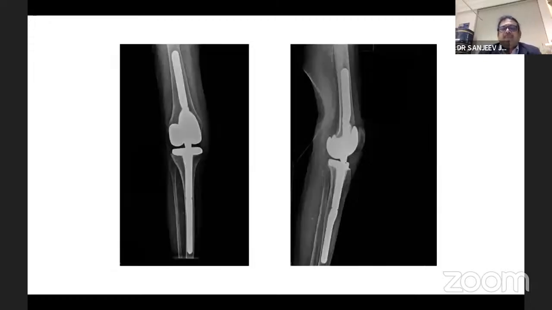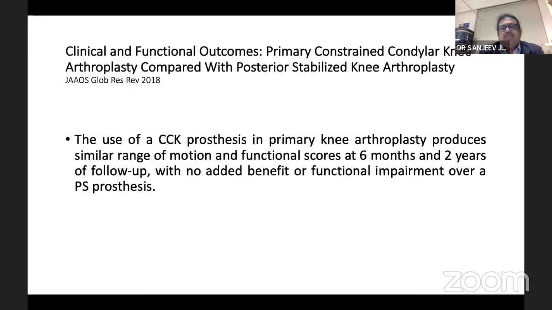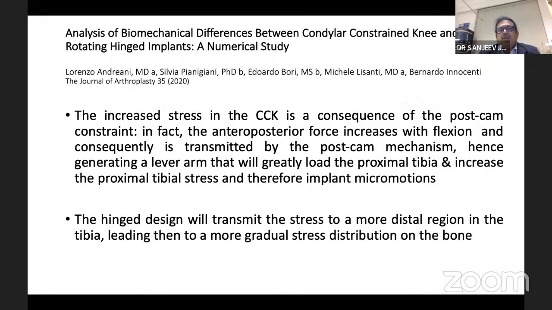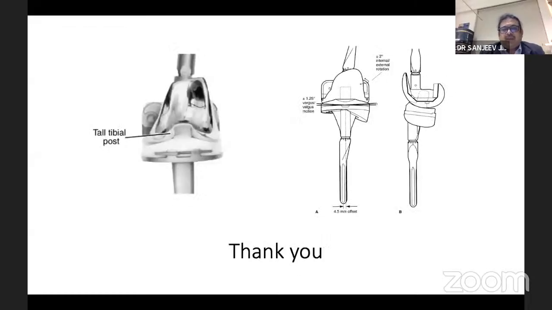So this is one example using a CCK implant, and you can also definitely use a hinge implant if needed. There is a variety of literature available to show the excellent results of CCK or constrained implants, and all outcomes have been compared between the rotating hinge and the constrained implant, with excellent results if everything is performed well.